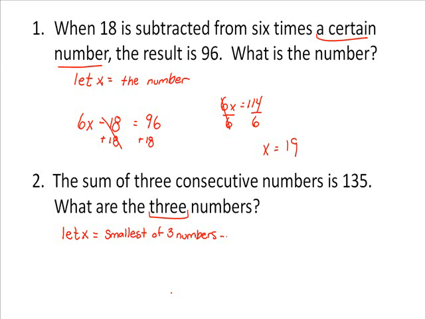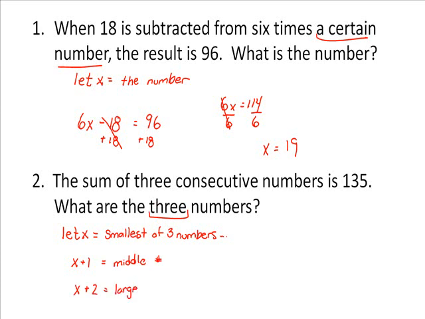Now consecutive numbers come one after another, so if I know what the smallest number is, I just need to add 1 to find the second number, or from the smallest add 2 to find the third. So I'm going to now say let x plus 1 equal the middle number, and let x plus 2 equal the larger number.